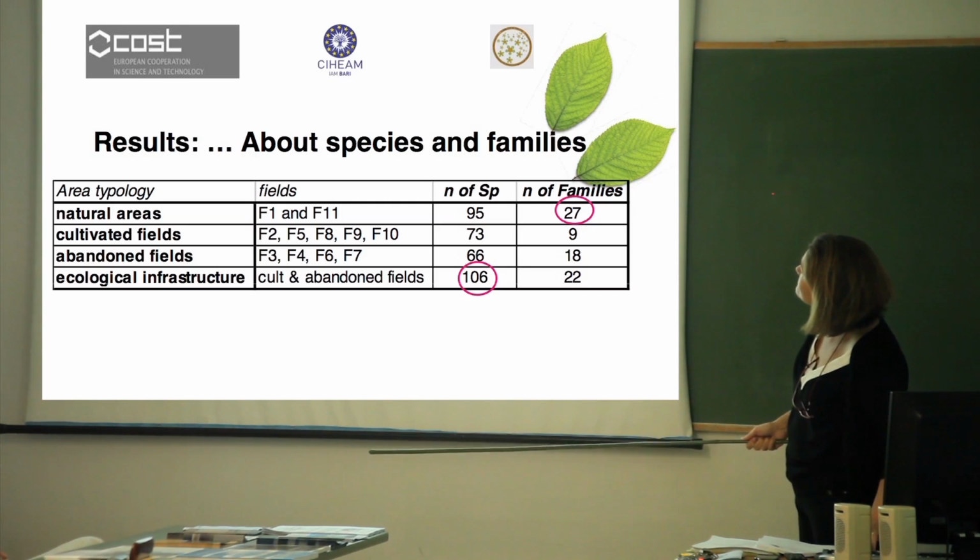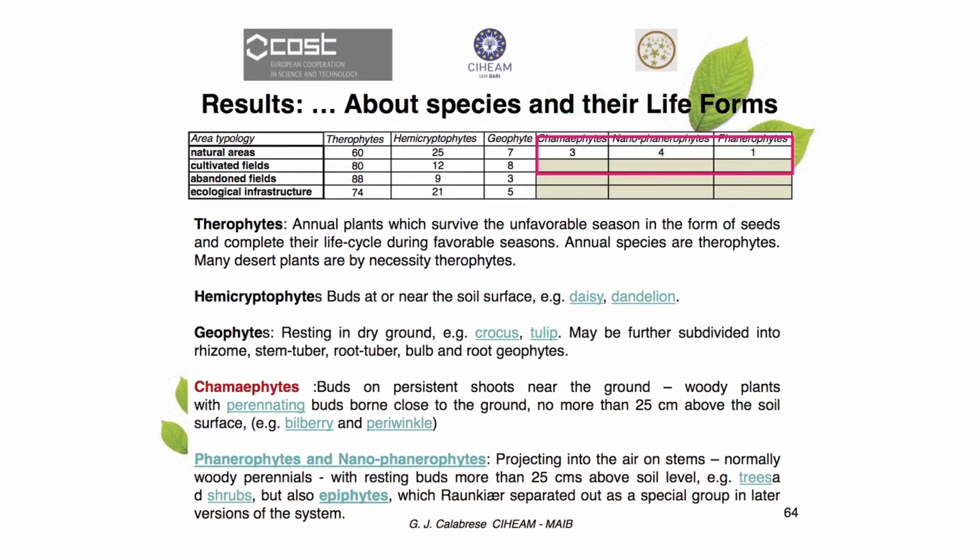And this is about the concrete loss in terms of strategy of survival. In the natural area, we had this kind of strategy of survival that I summarized here because sometimes we speak about these things because these are all phanerophytes, but we don't know what to say.